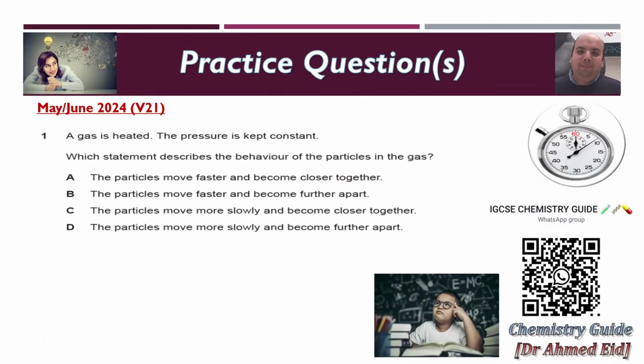When a gas is heated, the particles move faster. So we can exclude C and we can exclude D also. Since the pressure is kept constant, remember the pressure is kept constant, the volume of the gas must increase to keep the number of collisions with the container walls the same.